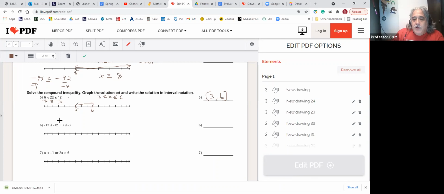But the first thing we got to do is get rid of that 3, so it's subtracting a 3. So we're also going to do it over here and over here. So that means that we got negative 18 and negative 3z.